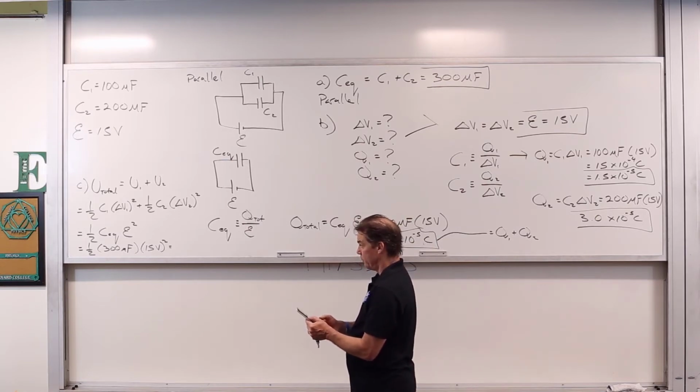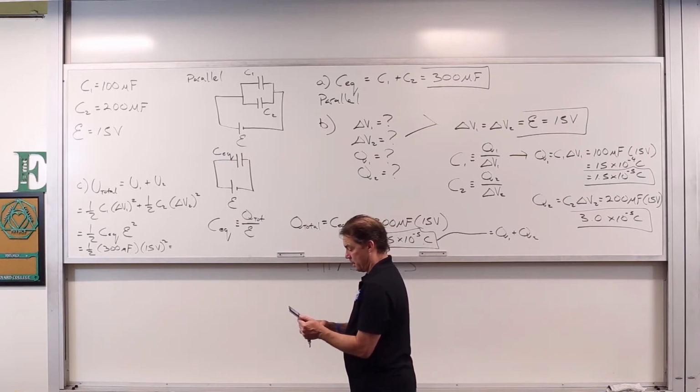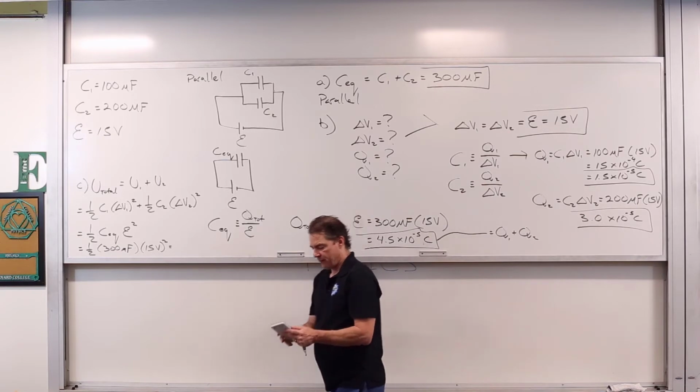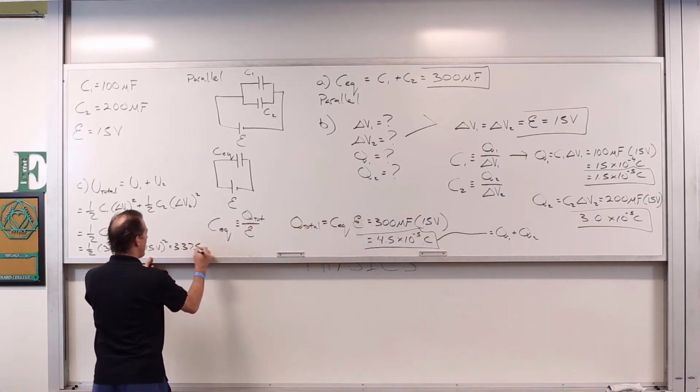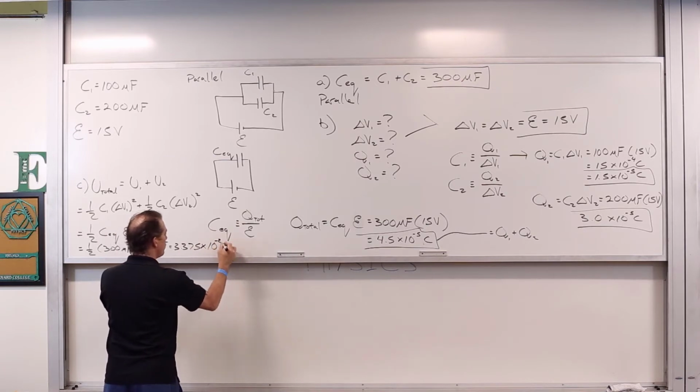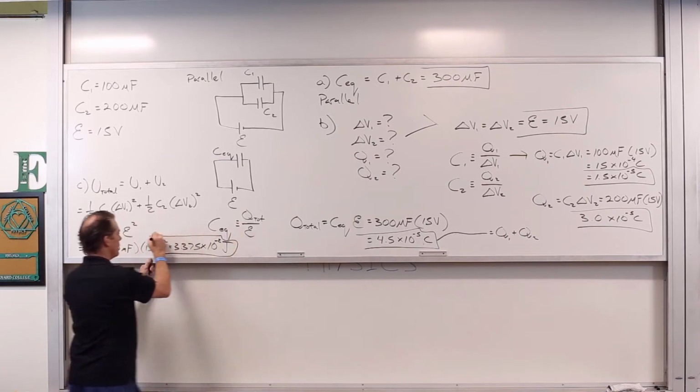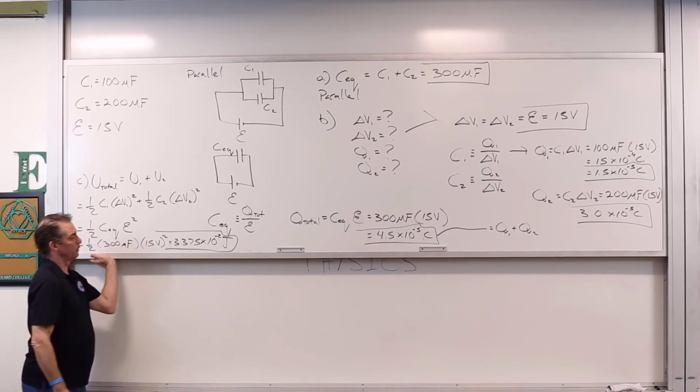That's right, it's cubed then. So, 6 times 15 squared. 3.375 times 10 to the negative 2. 3.375 times 10 to the negative 2 joules. And there's the energy stored.